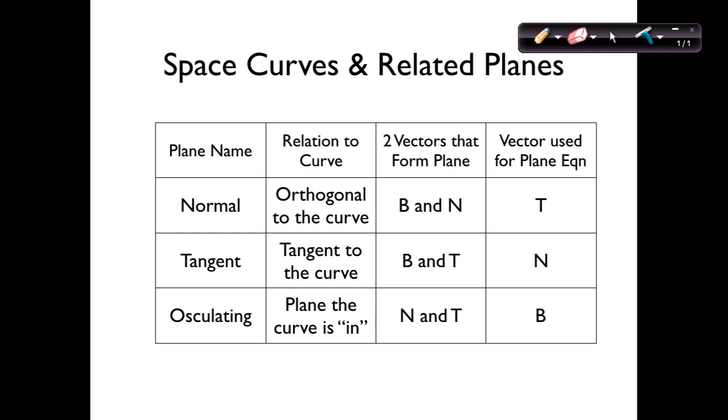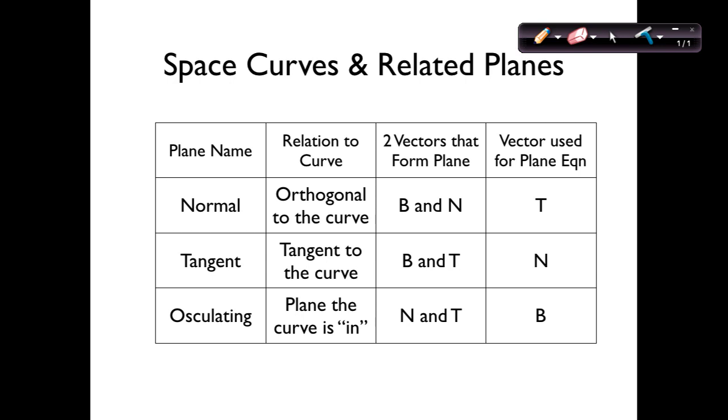So you have the three vectors and the three planes, and as you move through the space curve, it's like that R3 coordinate system moves along with the curve. T is always pointing in the direction of the curve, N is always telling you the direction you're turning, and B is orthogonal to the plane that the curve is in.